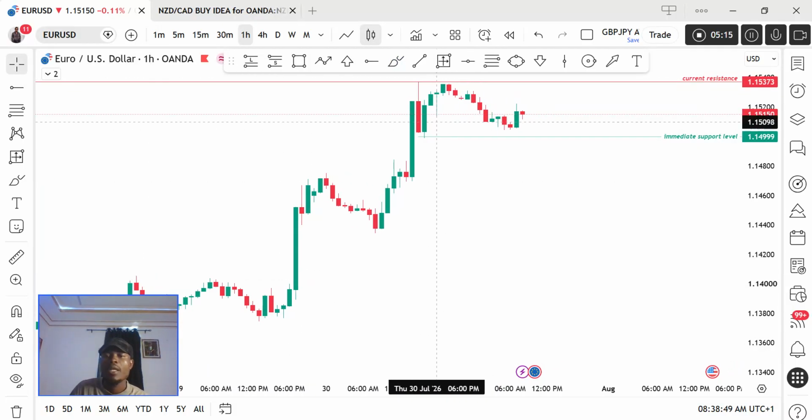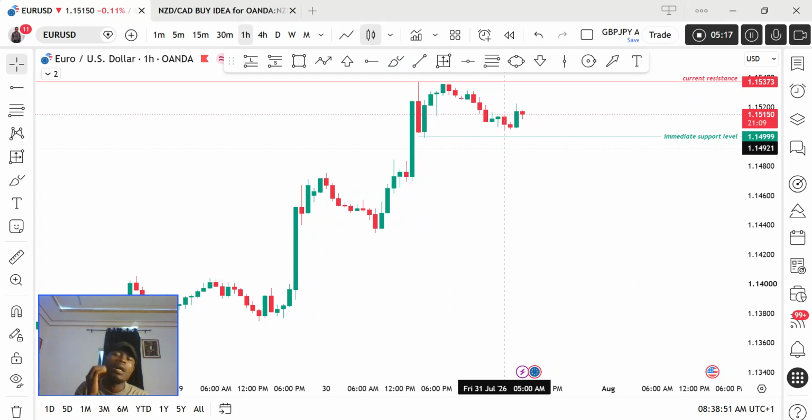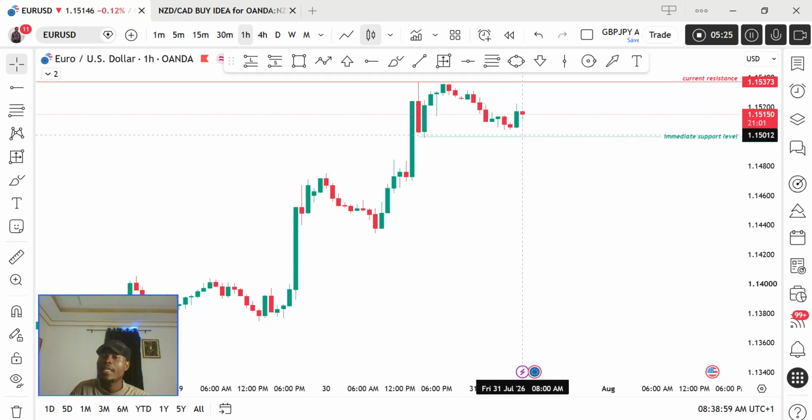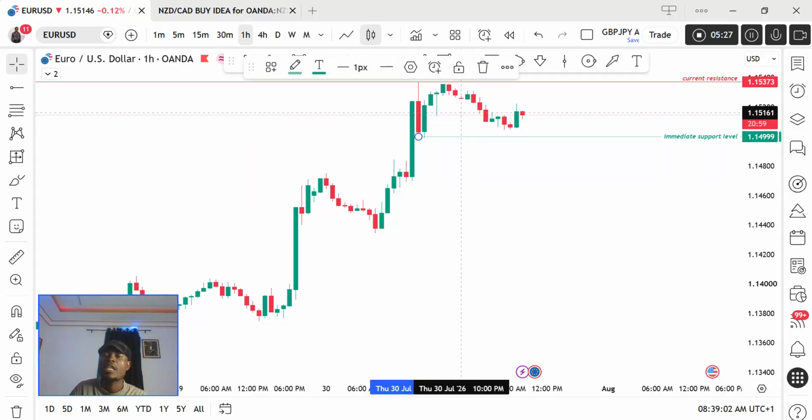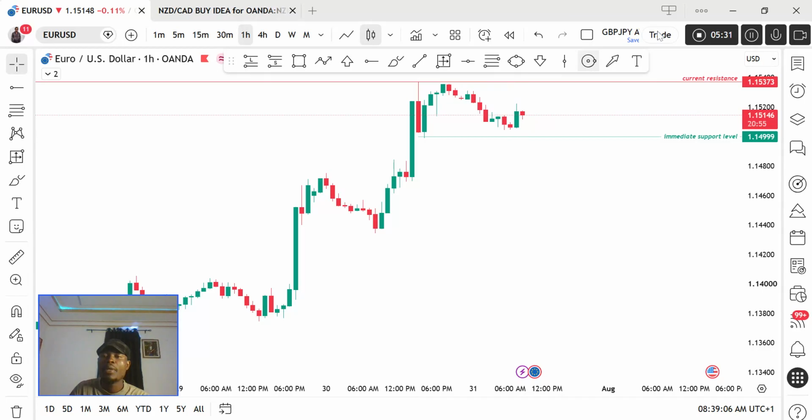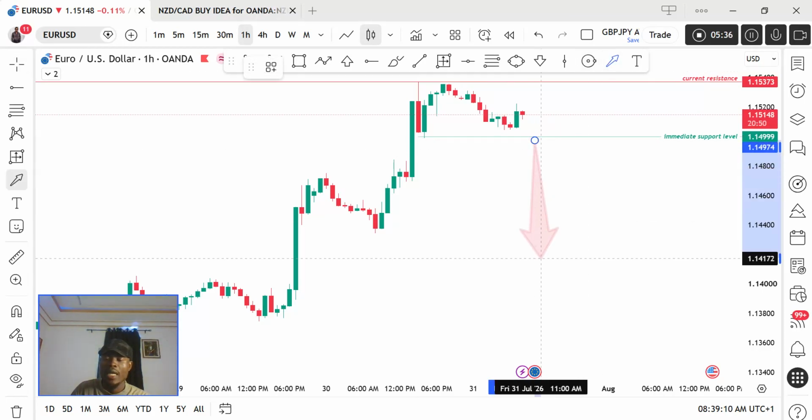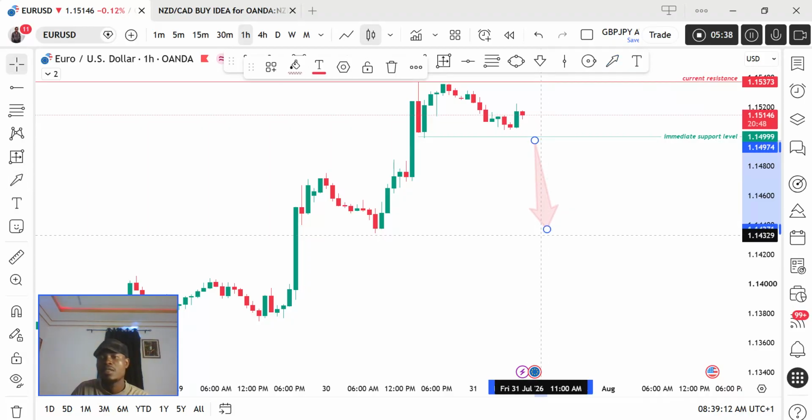So price is in a tight consolidation now, and as news is going to be released by 8 o'clock Eastern time, that is EST, we're likely going to see either a break to the upside or a break to the downside. But from my own point of view, I am looking forward to see a break below this immediate support so that we can accept to sell this market.